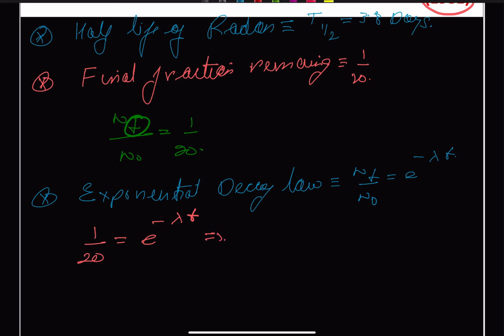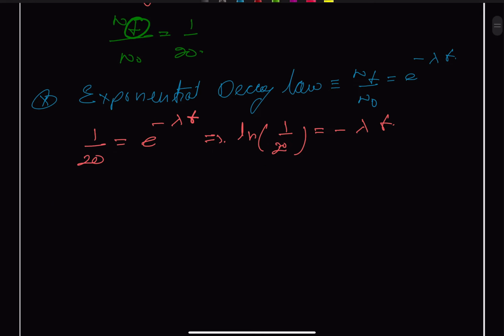If we take natural log of both sides, we get natural log of 1/20 equal to minus lambda t, which is minus natural log of 20 equal to minus lambda t. The minus signs cancel, so lambda t is equal to natural log of 20, and we are required to find this value of lambda, which is our decay constant.